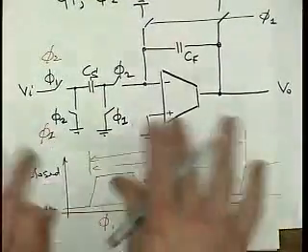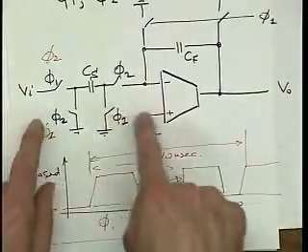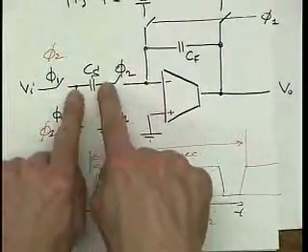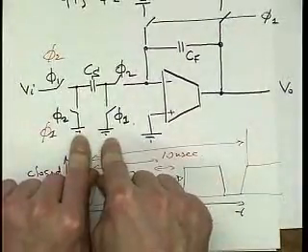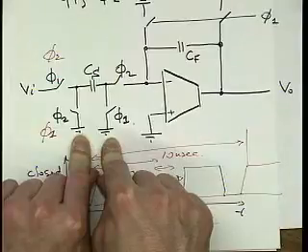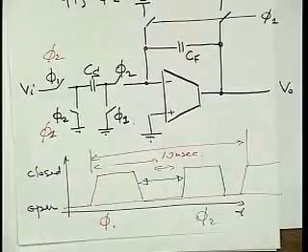You can draw the configurations yourselves, but what happens in this case is that during phase 1, Cs, just like Cf, is connected to ground and therefore discharged. Now we have a known charge on Cs, 0 happens to be, right?